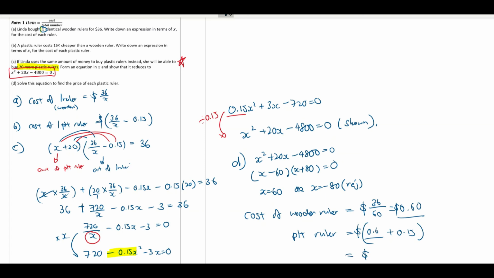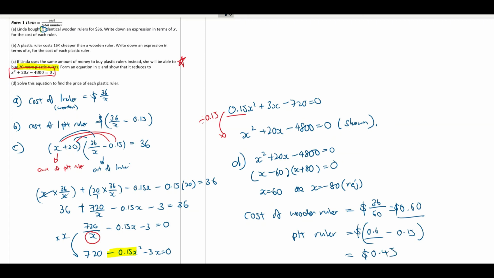Oh sorry, it's less. The plastic ruler costs less, so minus 0.15, and that would be 45 cents.